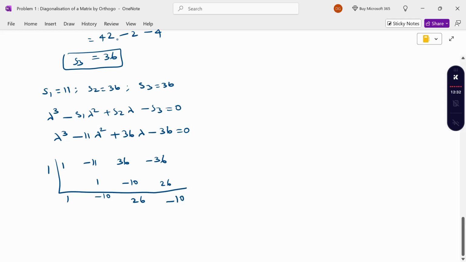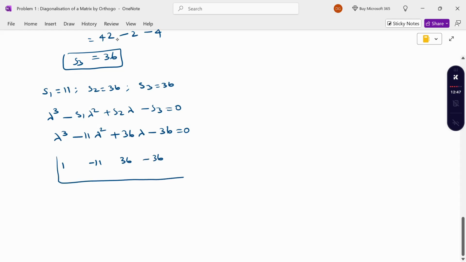Now try another number, minus 1. So next I'll try this: 1, minus 11, 36, minus 36. Trying minus 1: minus 1 into 1 is minus 1, minus 12, then plus 12, then it comes to 48, minus 48.